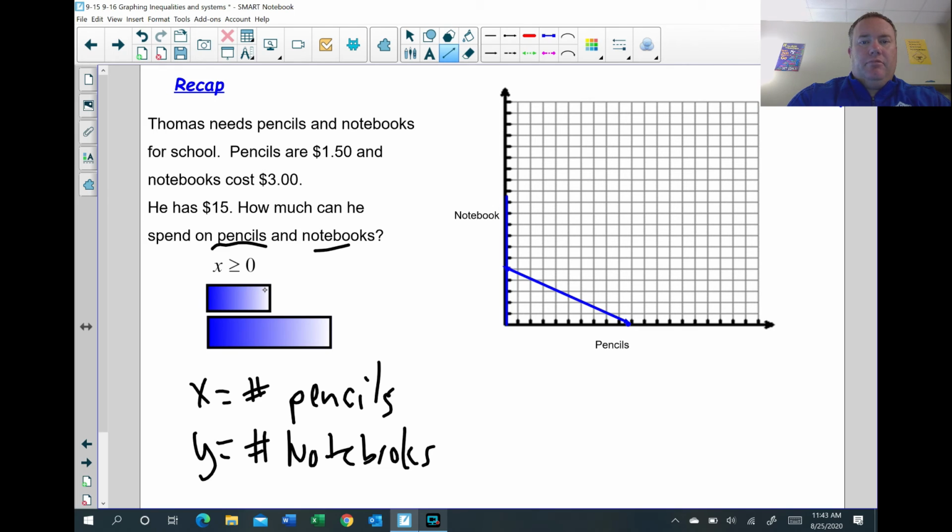Second, when we look at this, you've got to have notebooks. So we need y's that are going to be greater than, right, or equal to 0. Oops. Probably should have done that with a blue, huh?